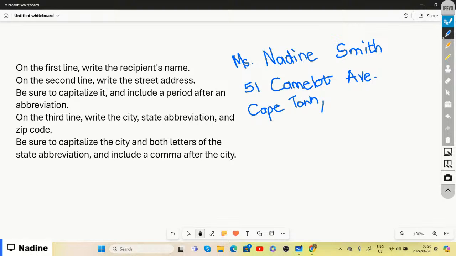My province is Western Cape, so I would say WC for Western Cape, because in my country we say province, not state. And then we put our postal code, which is called your zip code, for example 7764, right? That is a specific address, and that is the format that we need to follow.